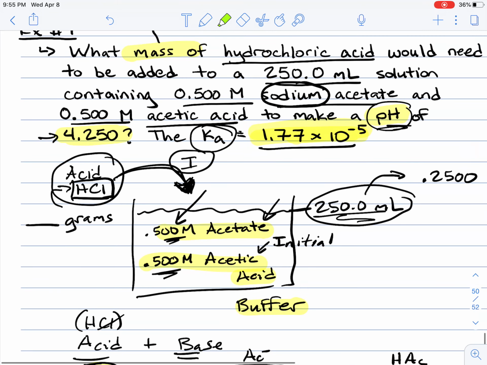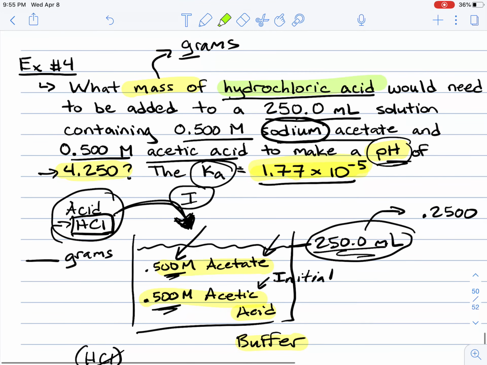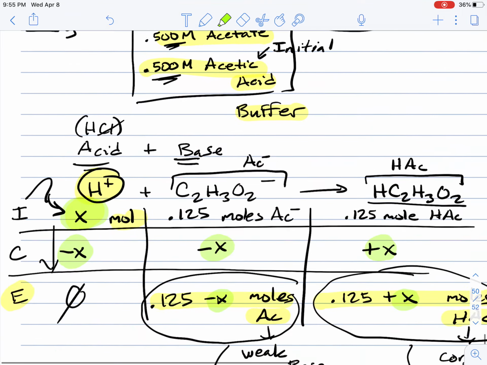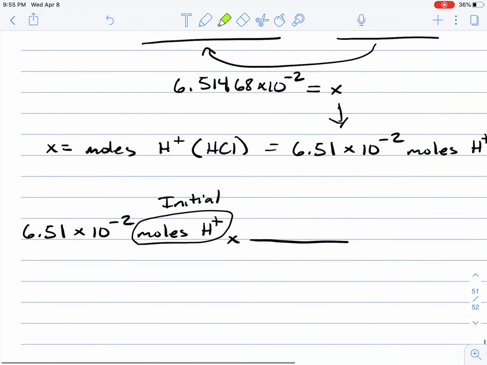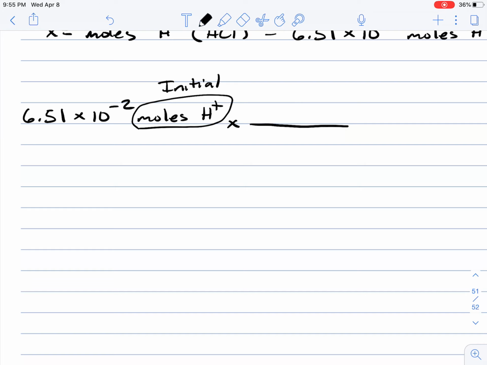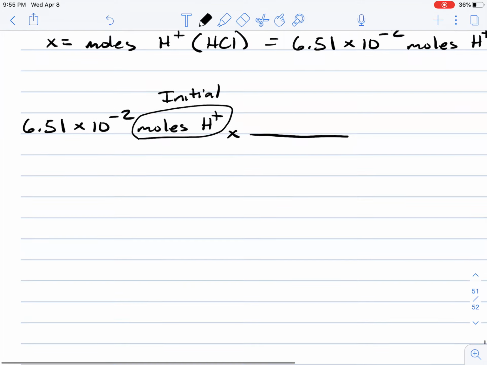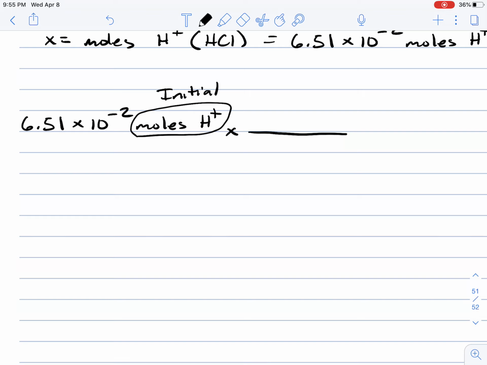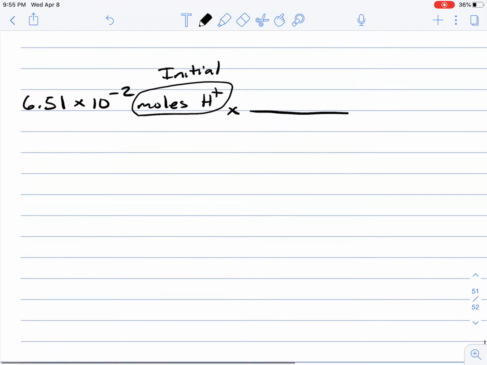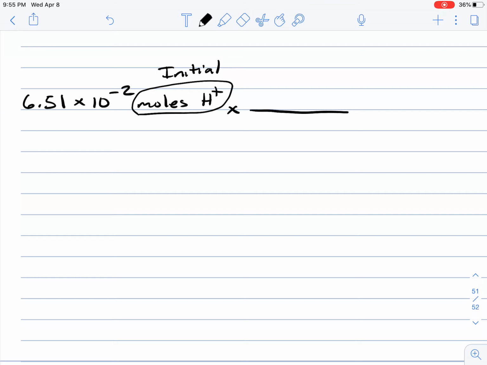The problem is asking how much mass of the hydrochloric acid is being added into the solution. Once it's inside the solution, it dissociates into H plus. But when we're solving backwards to determine the mass, we have to include that chloride, because the chloride did not dissociate from the hydrogen when it's still solid. It's only when you add it to the solution that hydrogen is separated from chlorine.